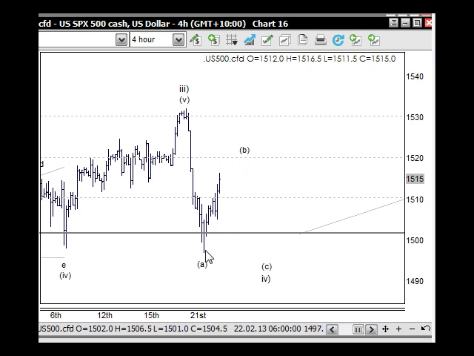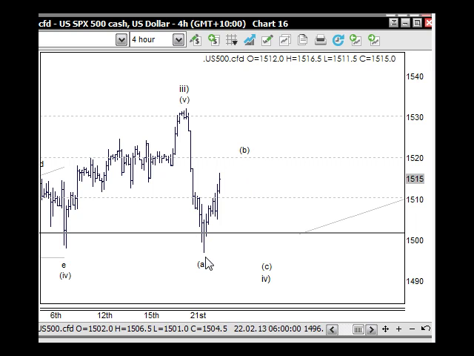The tricky thing with the B waves is that normally they're really quite simple. They're in three waves. So there can be three waves in this one here, or these little three waves here can make up the small A wave, then the B, then the C. Kind of expect the worst.